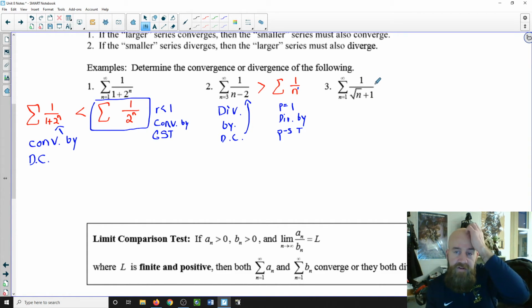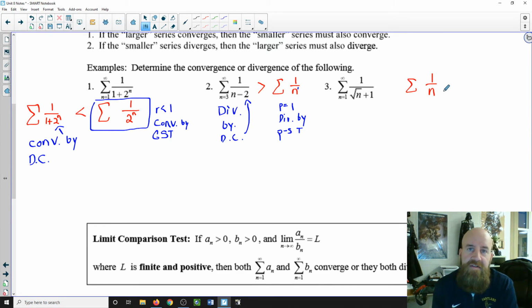Okay, so we need to think of another situation that would work. The one I'm going to go to is 1 over n. So the series 1 over n, let's take a look at that. Is that smaller or larger? If I were to plug in a value like, let's say, 4, we get 1/4 over 1/3, and we know that this is going to be larger.